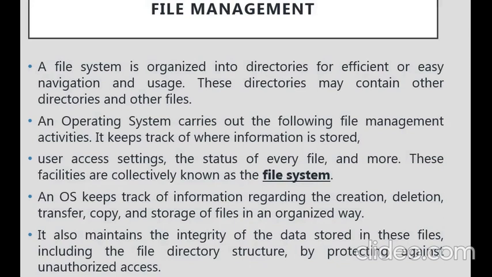A file is a container in a computer system for storing data and information. The operating system stores all types of data and information in the form of files. It is helpful in making changes in the stored files and replacing them. The operating system is responsible for managing all the files on a computer.